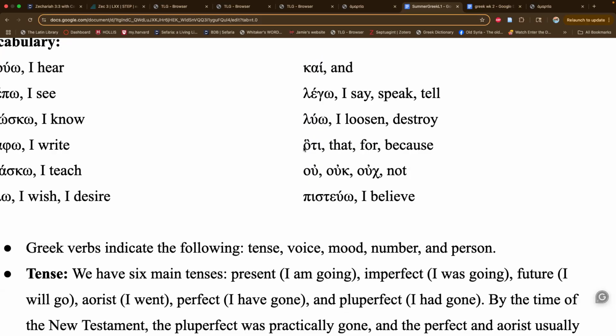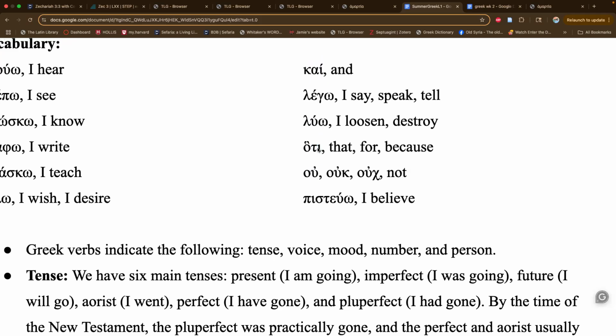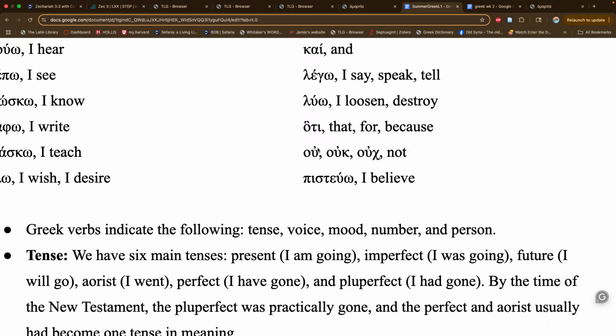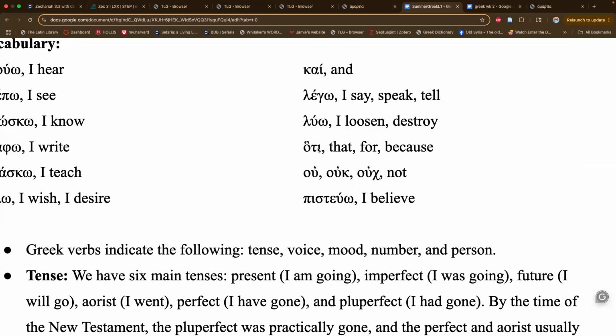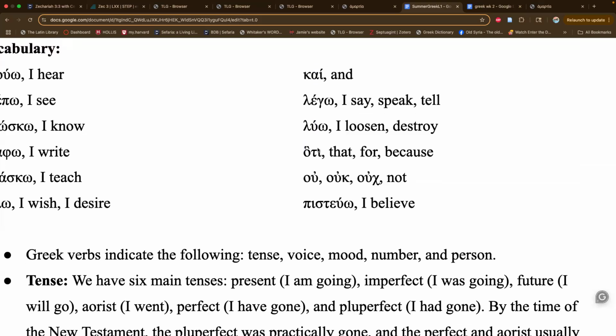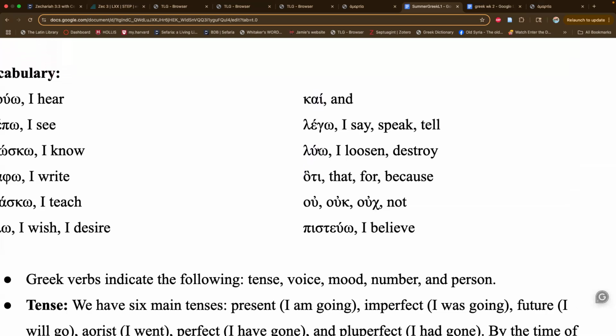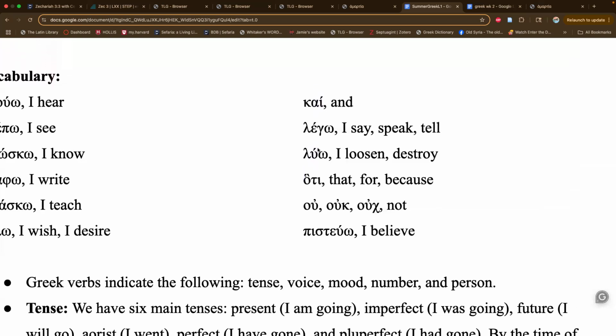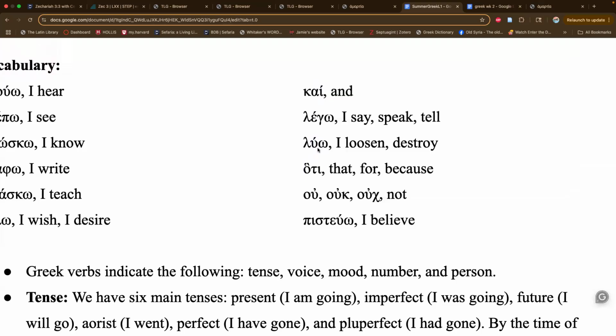So we know that it's going to start with an h. So we have the ha, then the next letter is a t, and then we have an iota. So hoti. This one's very common. It sets off certain clauses. So you'll often have lego hoti, "I say that," or you can just have hoti as a way to say "because." You'll see it in a lot of different instances.